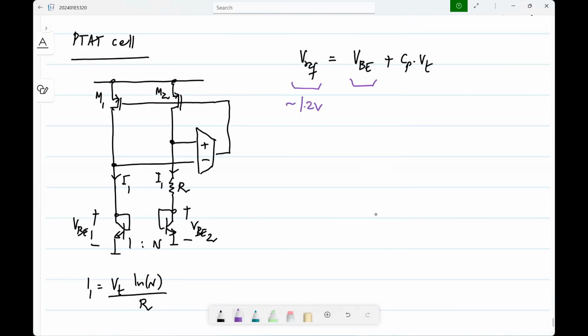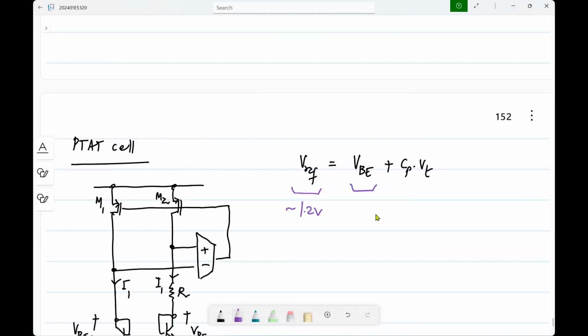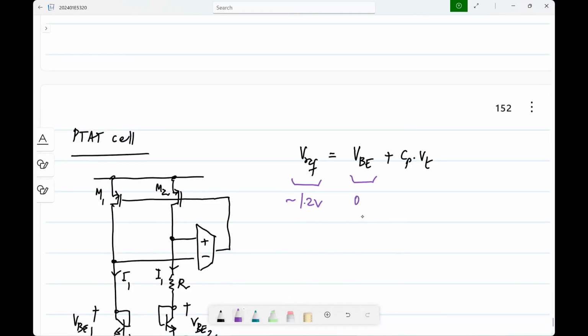What is the value of VBE at room temperature? 0.7. Okay. So what is it that you need from the other term? 0.5. So how much is VT? Roughly 25 millivolts. Okay. So what is the value of CP? 20. So CP should be roughly 20.